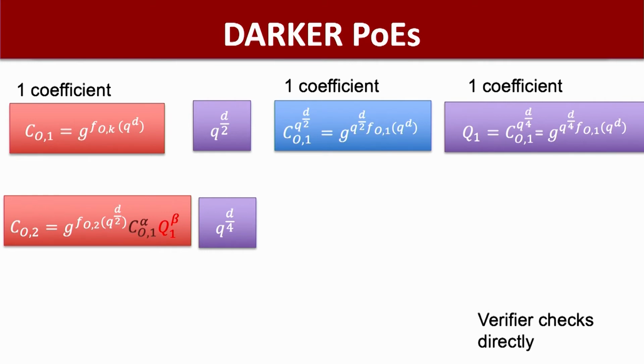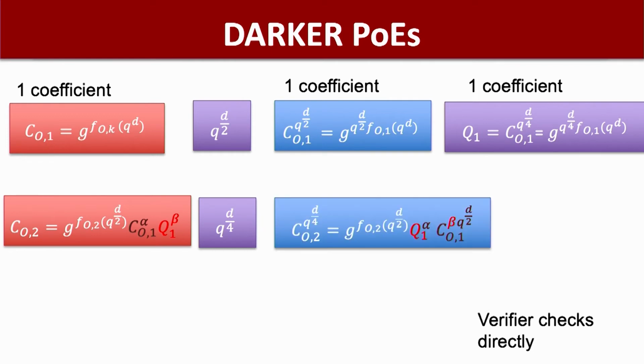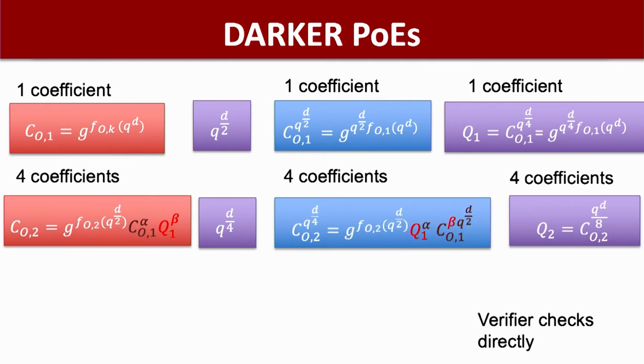Okay? So what I do then, I take some random challenges, alpha and beta, and combine the first statement with the second statement. And I can do this over and over again. And the nice thing is that computing all of these commitments turns out to be quite easy. Why is this the case?